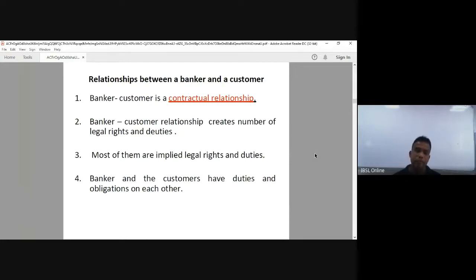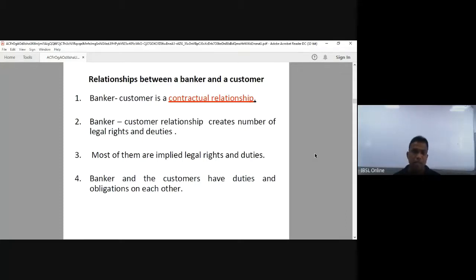Most of the terms and conditions under the banker-customer relationship are unwritten or implied legal rights and duties, not written anywhere. Then the bank and the customer have duties and obligations on each other under the banker-customer relationship. So that is the nature of the banker-customer relationship.